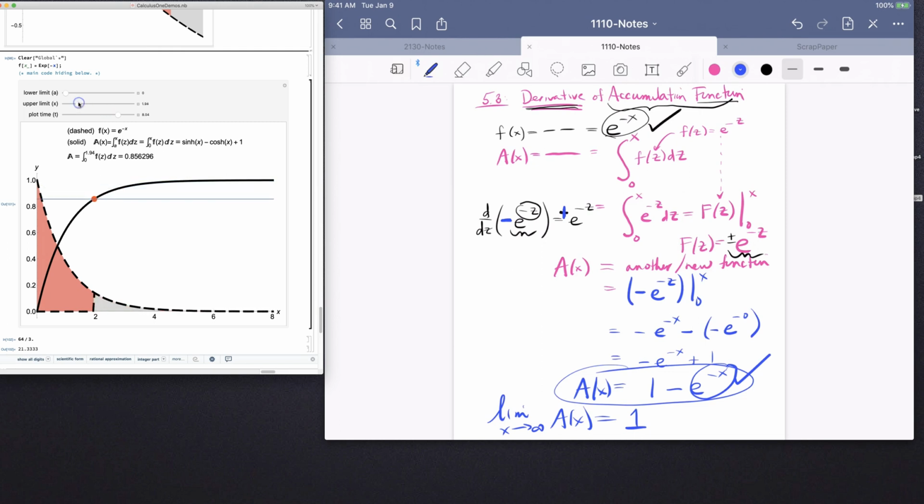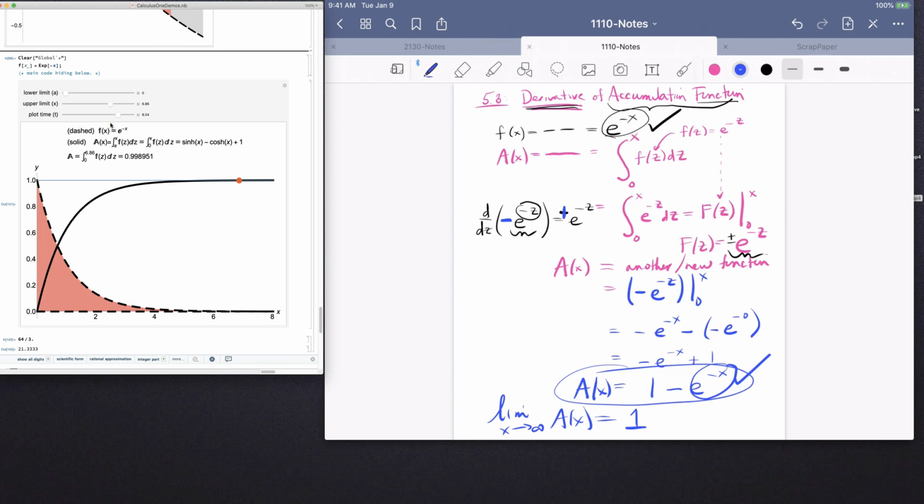So there is our area function and an explanation of why the area function seems to be making sense, that our area is climbing, getting bigger and bigger, but because we're adding less and less area, the area we're adding gets smaller and smaller, that eventually this area function, accumulation function, limits to 1. Okay.